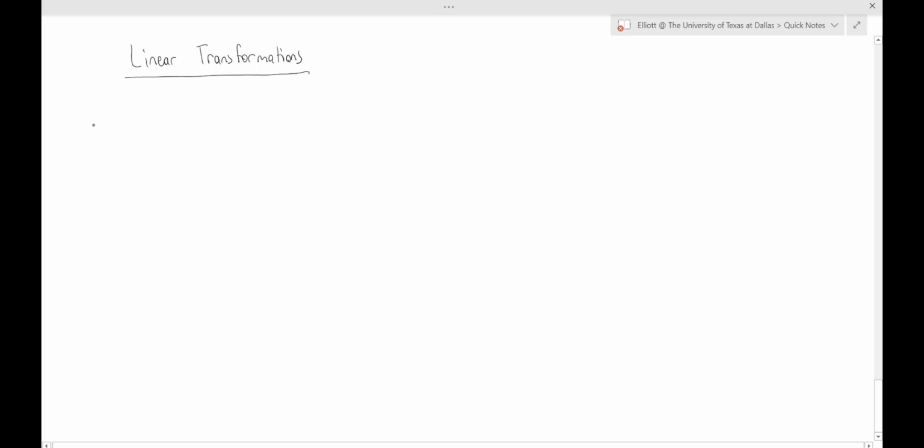All right, so first I want to introduce a little bit of notation. If we have a notation like this, what this notation is saying is that we have a function f.